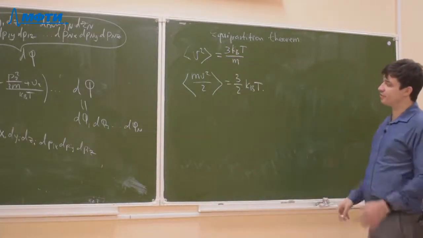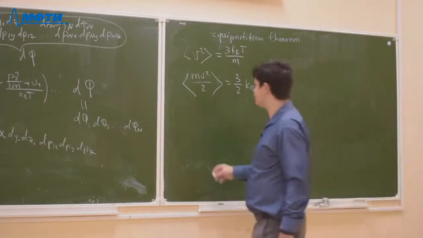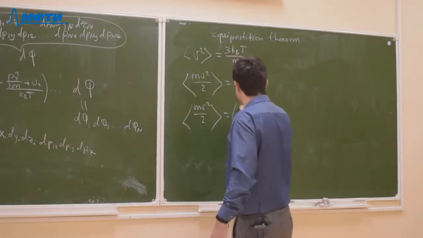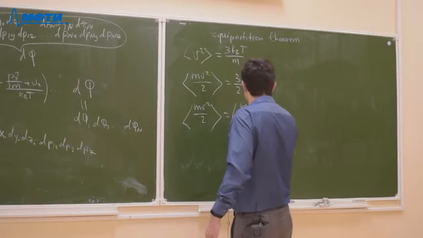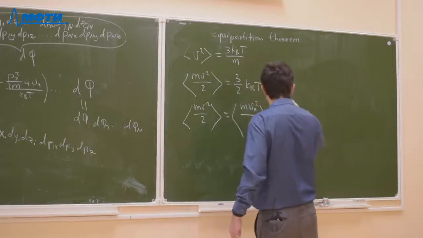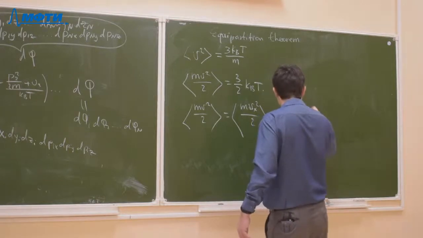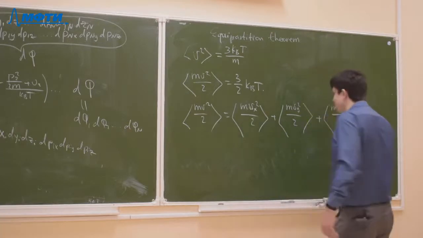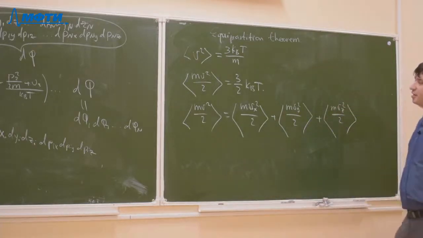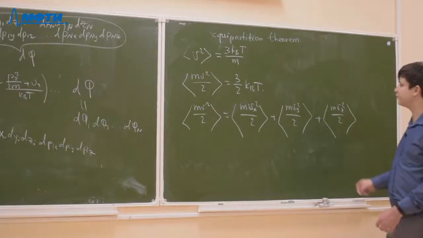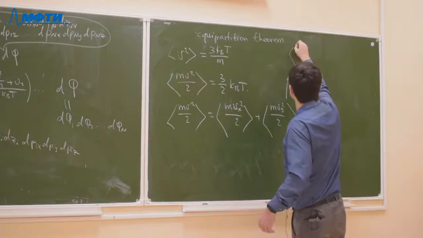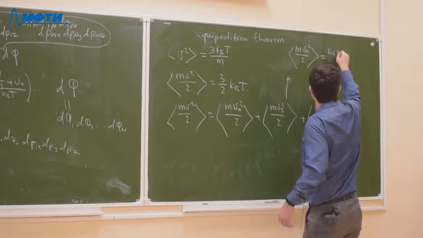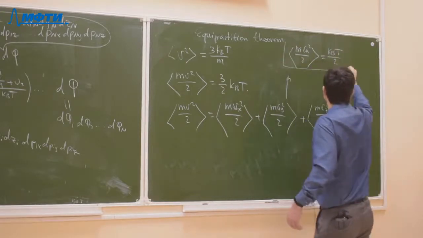Actually, we can present the average kinetic energy of the molecule as follows. And since all of the directions in space are equivalent to each other, we can infer from this that it is kBT over 2.